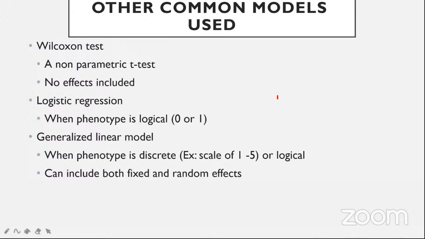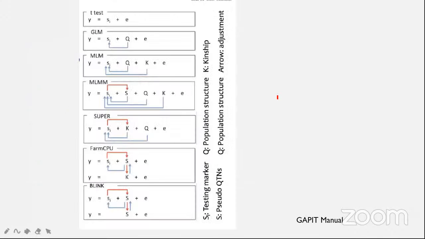Then we use a generalized linear model. And a generalized linear model can include both fixed and random effects. But nowadays, whether you use Gamma or Tassel or Gapit or any other highly developed software, it considers generalized linear models, mixed linear models, all possibilities.